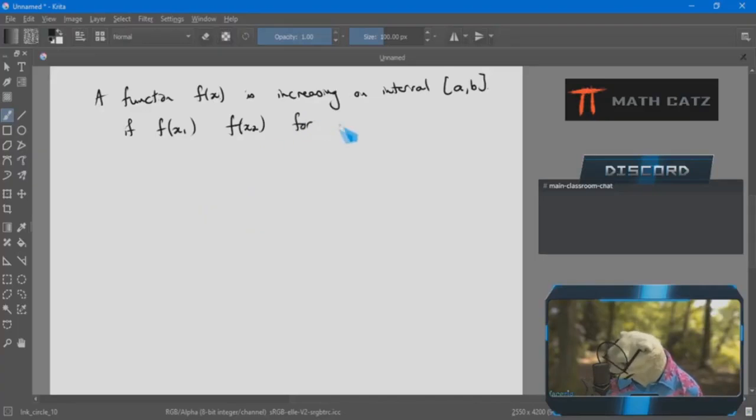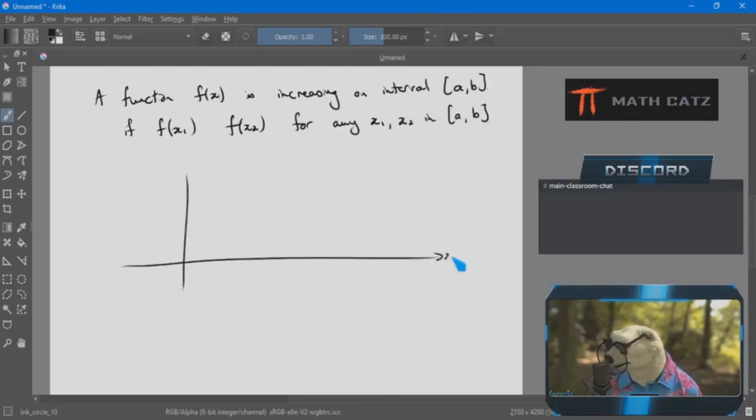For any two x values in this interval, let's just see what happens. I don't care what happens outside of the interval. Let's suppose I have an A and I have a B interval. This is my window. Nothing outside matters.